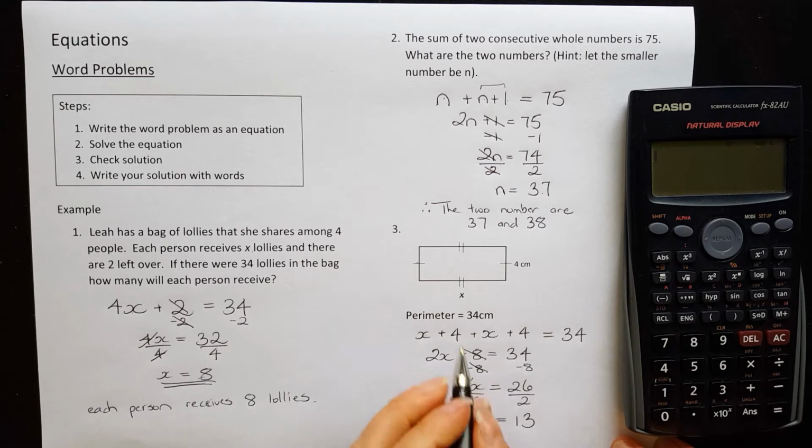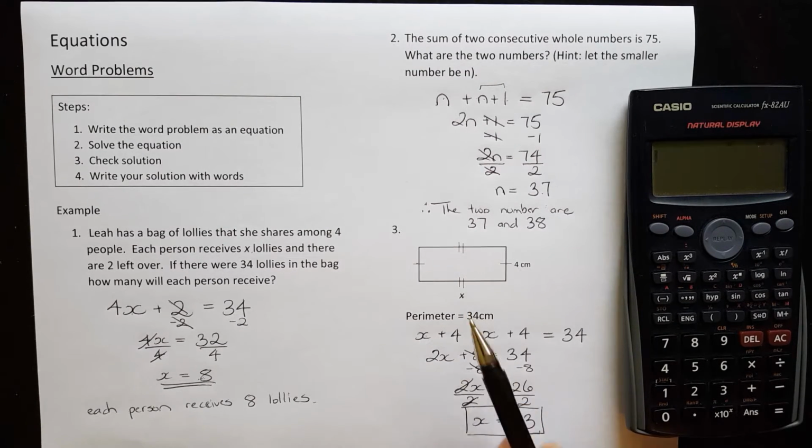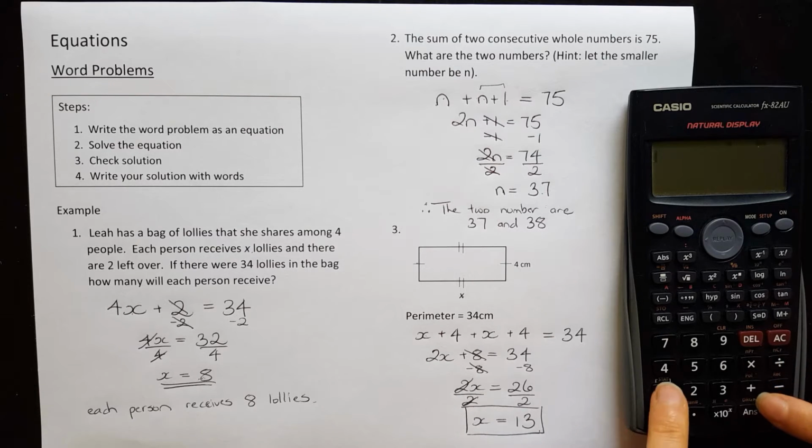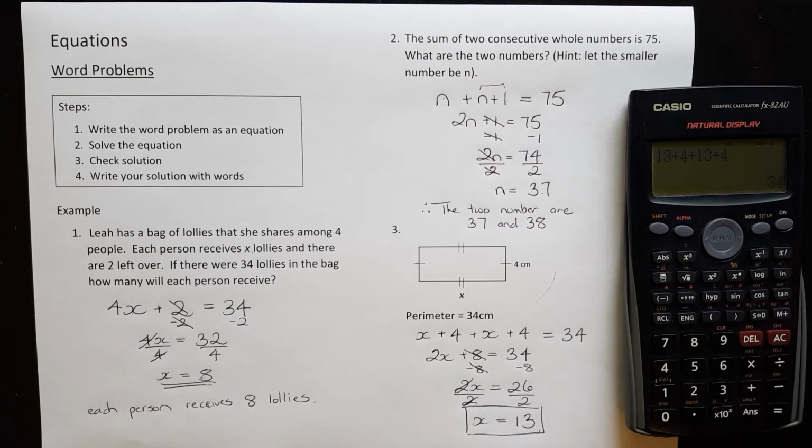Okay, x is the value that I was given, so I don't really need to write that one in words. I can check it though. Typing in 13 plus 4 plus 13 plus 4 for adding up my sides does give 34. Okay, the solution works.